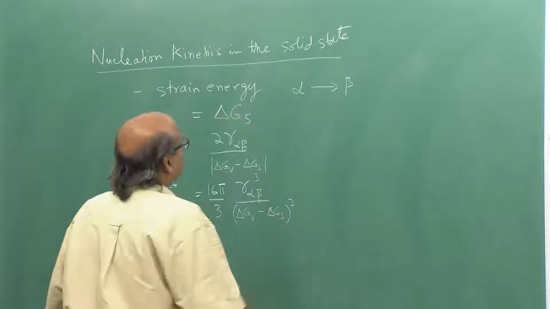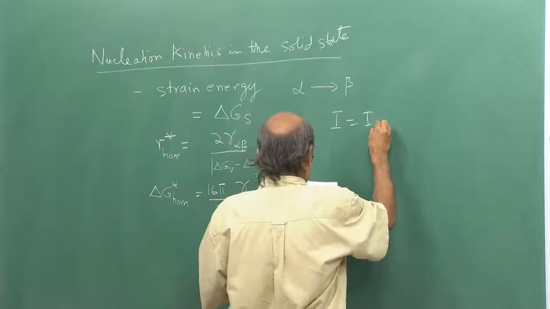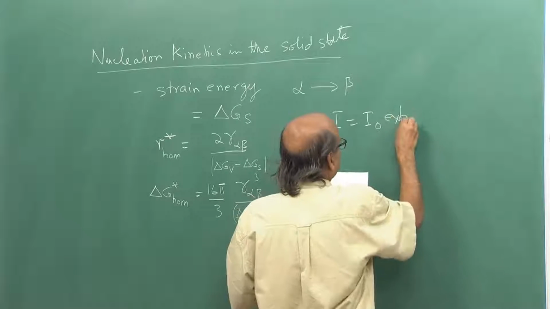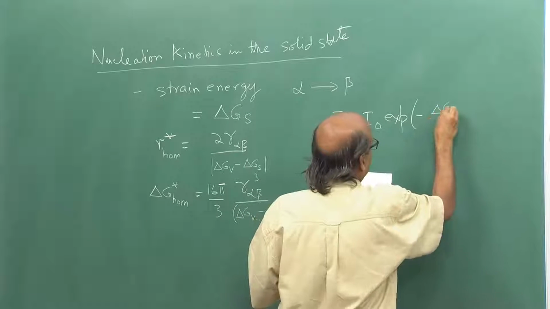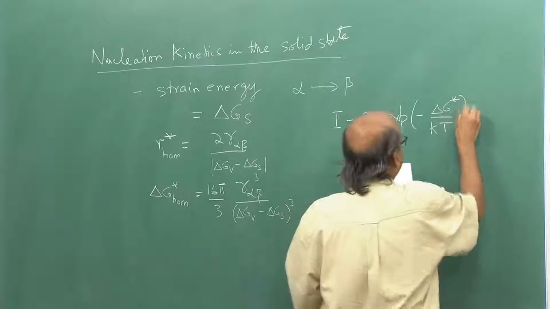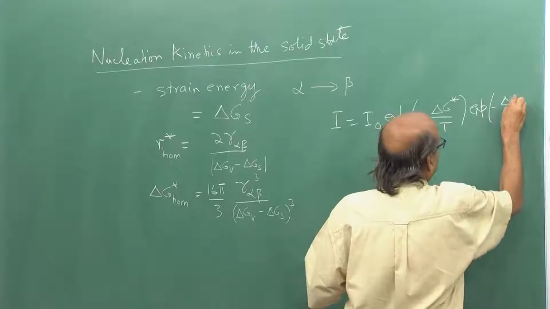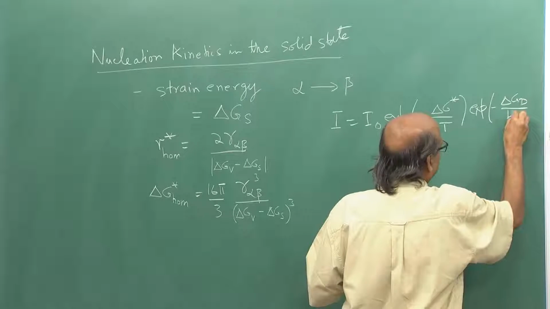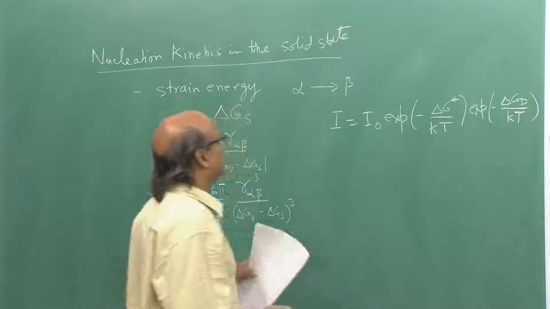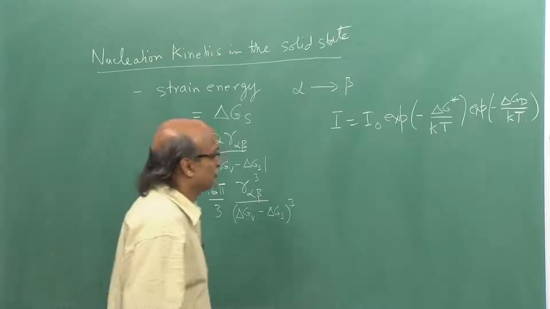If I look at the nucleation rate equation, I is equal to I naught exponential minus delta G star upon kT times exponential minus delta GD upon kT. So, what are the terms that are changing in the case of the solid transformation?